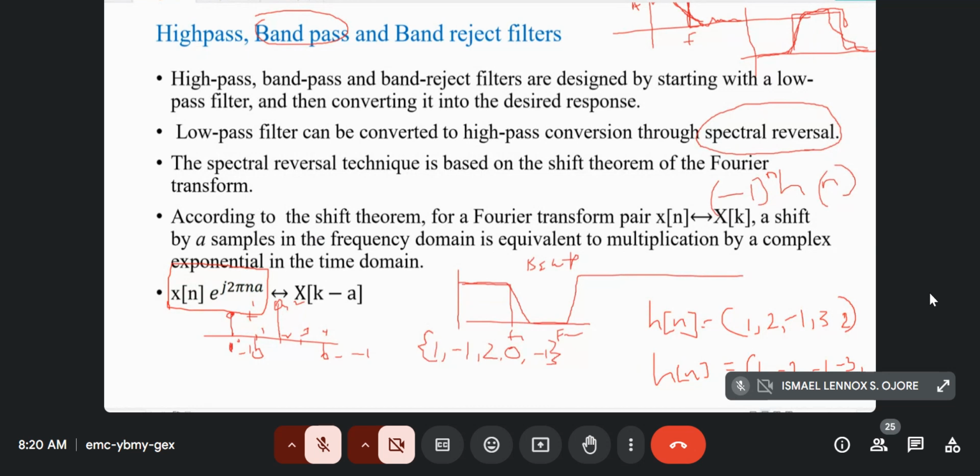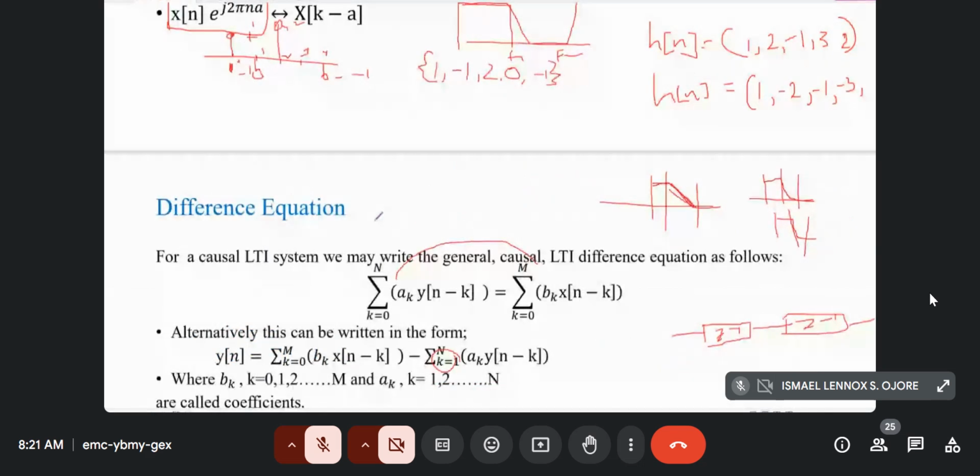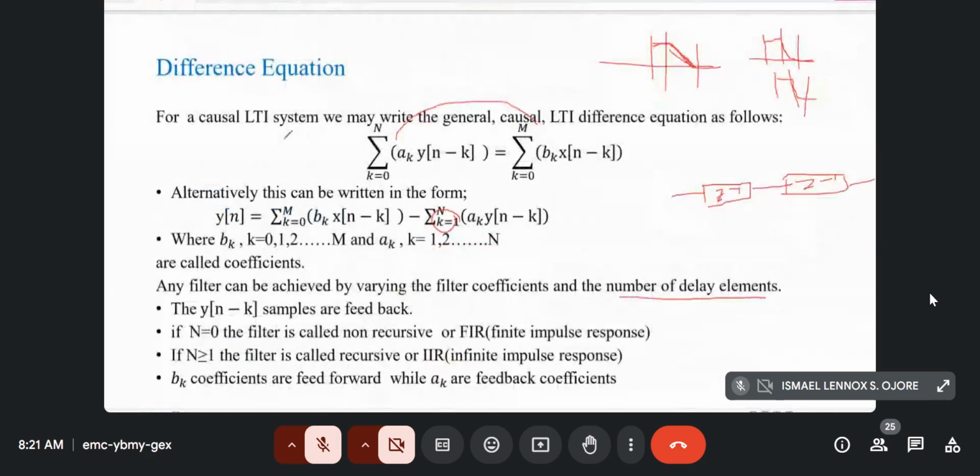I think the important thing is to know how you get the spectral reversal, and of course, spectral reversal can be used to create a high pass from a low pass. I think the difference equation is what we talked about yesterday.